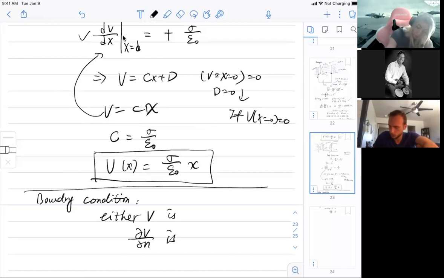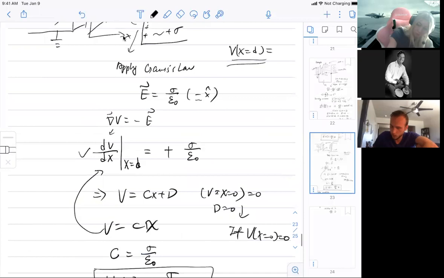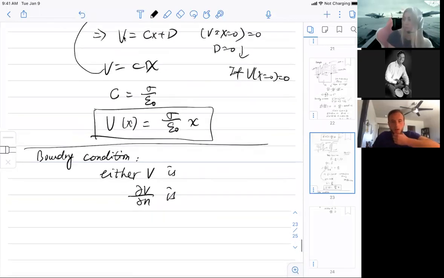So dV dn is taking the derivative in the direction perpendicular to your surface. In this case, the n is your x. If you have a surface like this, and this is your n hat.